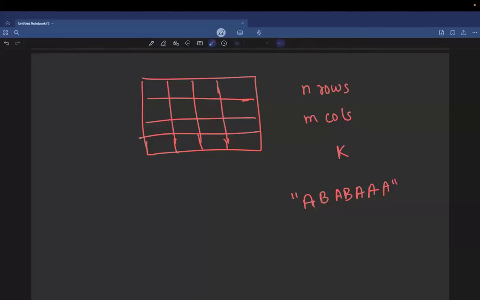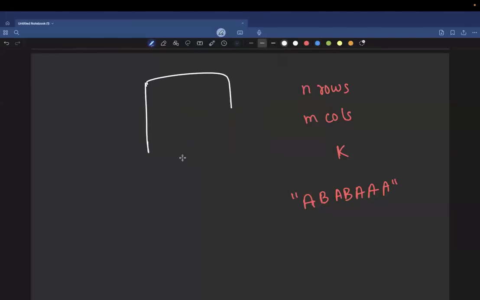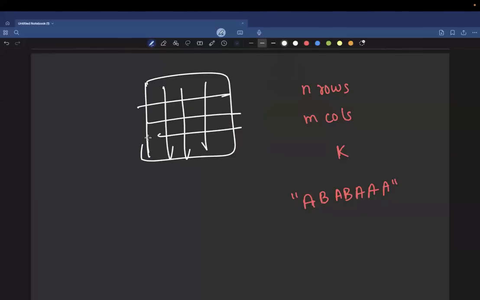Now let's say if the character is A, it means that it is Alice's turn. So Alice will choose a cell on the board. Let's say Alice chose this cell, which is initially white.